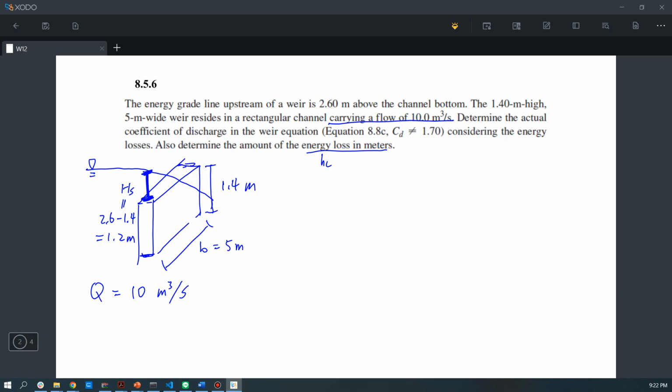And we want to determine the actual coefficient of discharge, Cd, which is not equal to the theoretical number 1.7. Okay, so let's start to solve this.